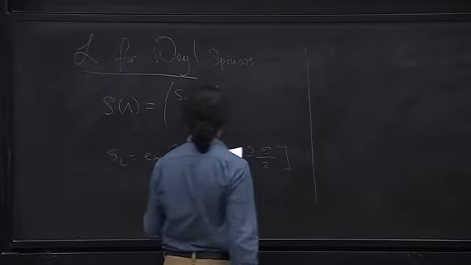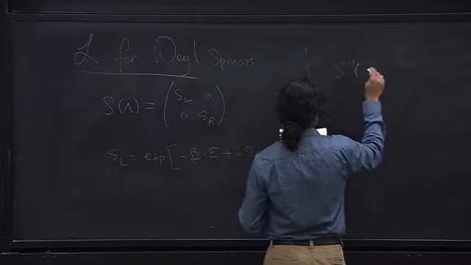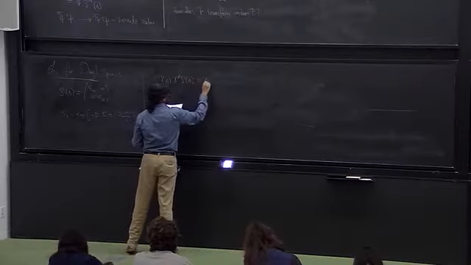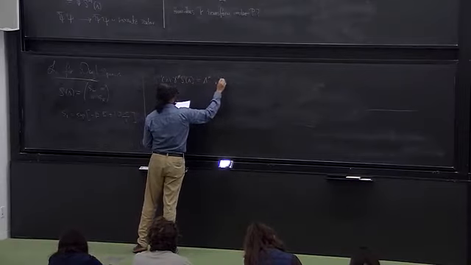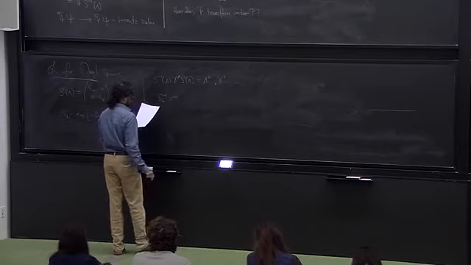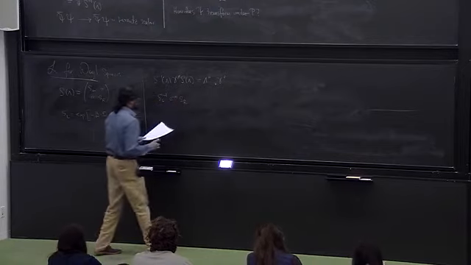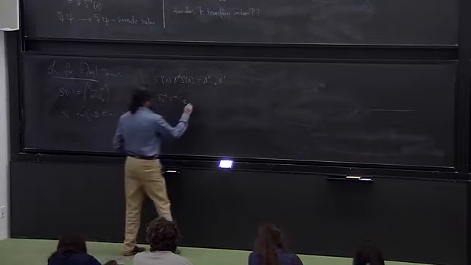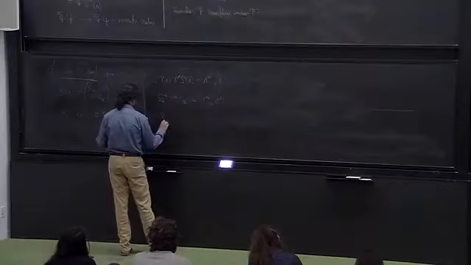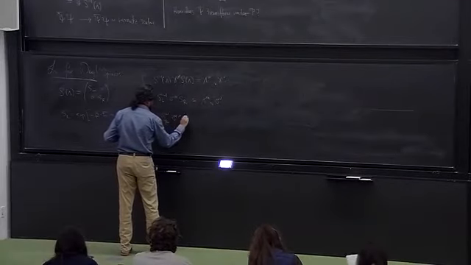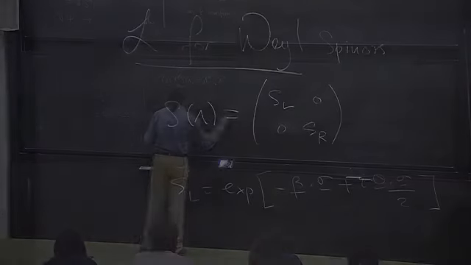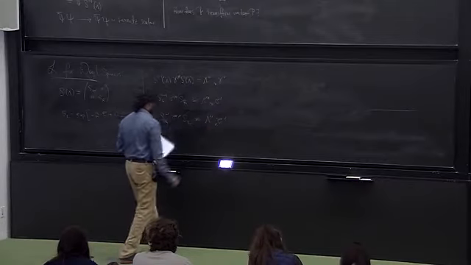So using my favorite identity, one can now derive that a sigma matrix sandwiched between S_L inverse and S_R is going to be this thing, whereas a sigma bar matrix, you can derive from here, of course, with the bar. Okay?